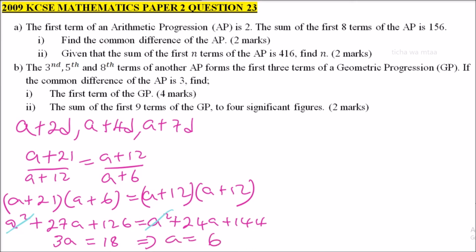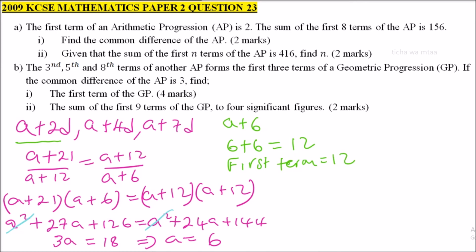This implies that, since the first term of the GP is a plus 6, the first term is 6 plus 6, which will give you 12. So the first term of the GP is equal to 12.